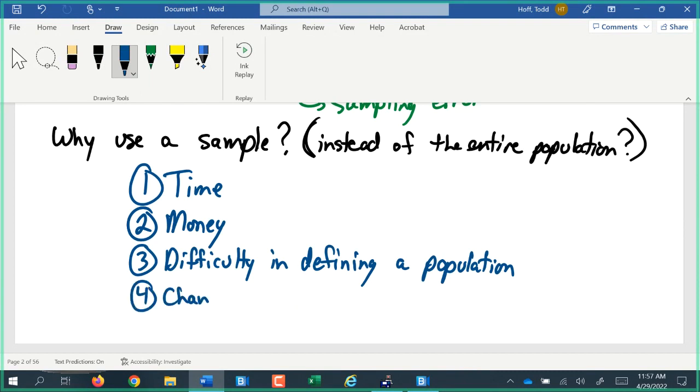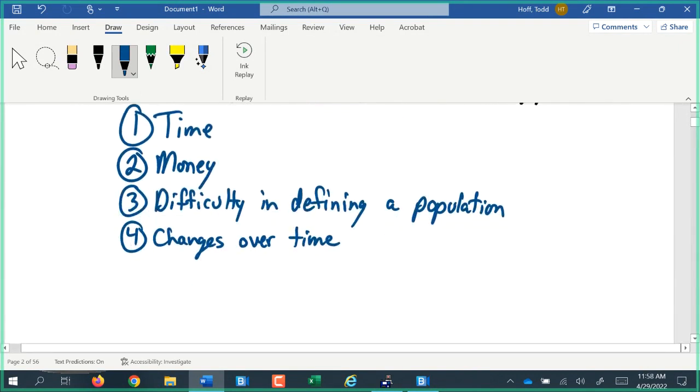The next one is changes over time. Now this one sounds similar to number 3, but there's an important difference. Even if we could completely accurately define the population and get a hold of all of them, a true legitimate sample, a survey, is done in an instant.